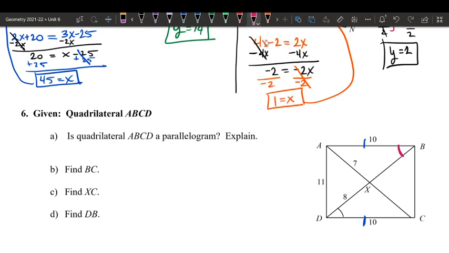This one and this one. And since I see they're alternate interior, that means those are z angles. So if you make the z shape, you can see where the parallel lines are. So I know that the top and the bottom are also parallel lines.